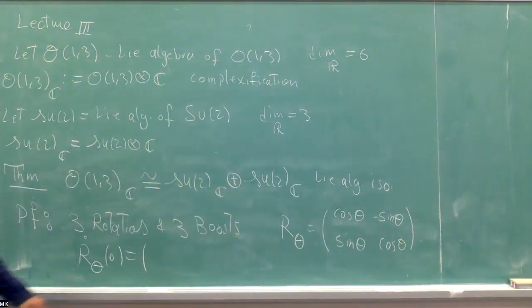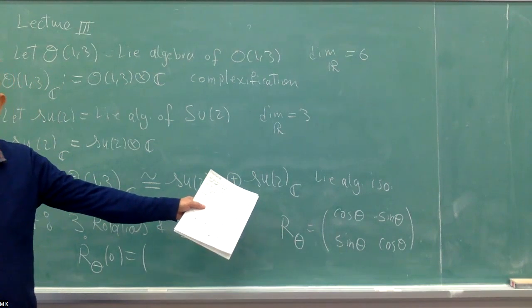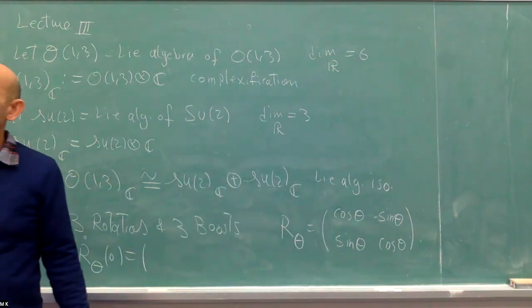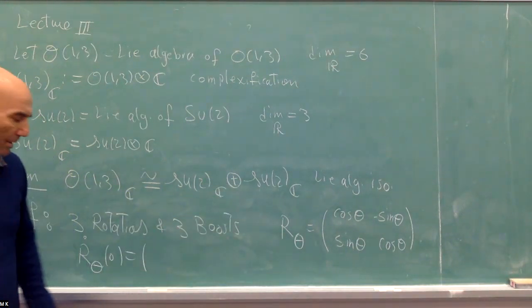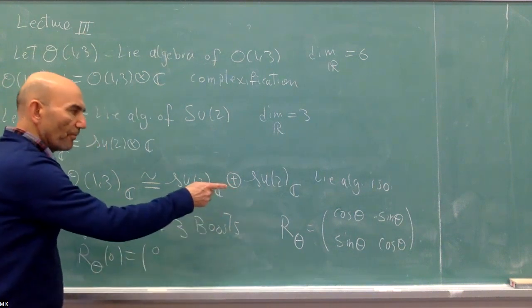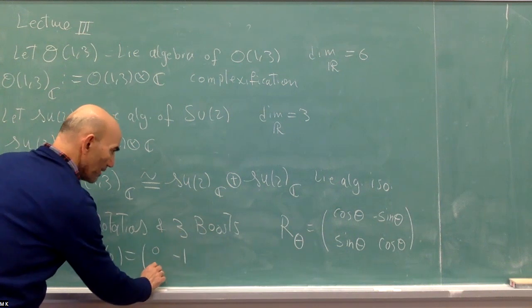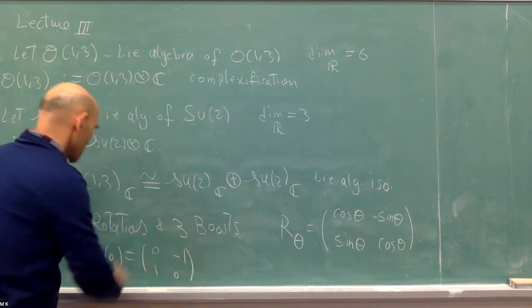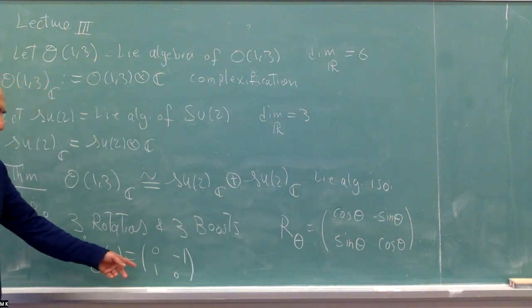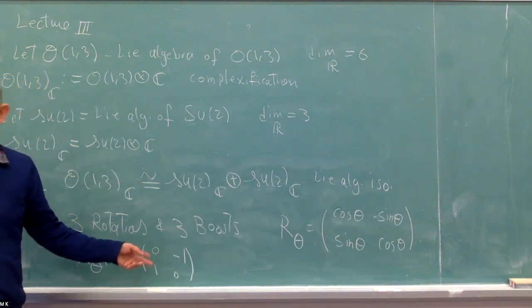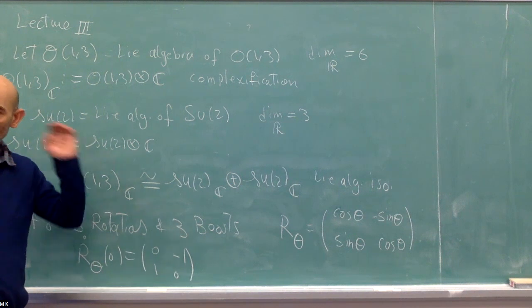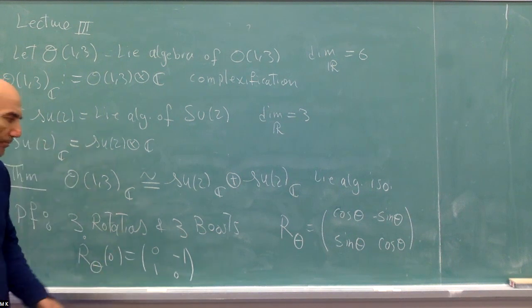The derivative of cosine is minus sine, at 0 it is 0. The derivative of minus sine is minus cosine, at 0 it is negative 1. The derivative of sine is cosine, which is 1. So that's this matrix, which is an element of the Lie algebra so(2).